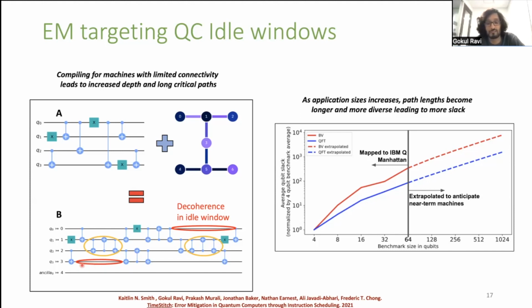And it's sort of obvious to envision that over this idle window, those qubits are losing their state, and trying to correct this is useful for the overall fidelity of the circuit.